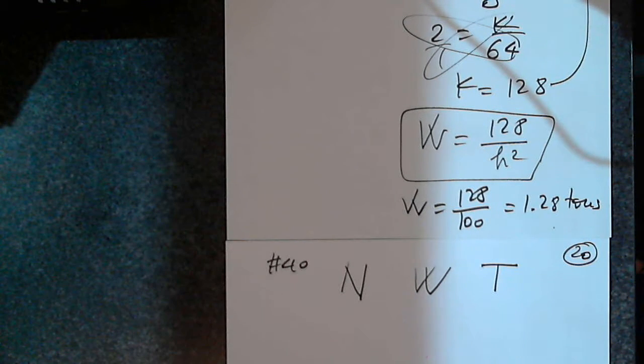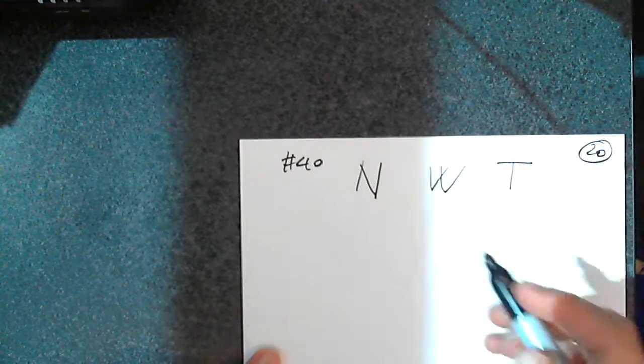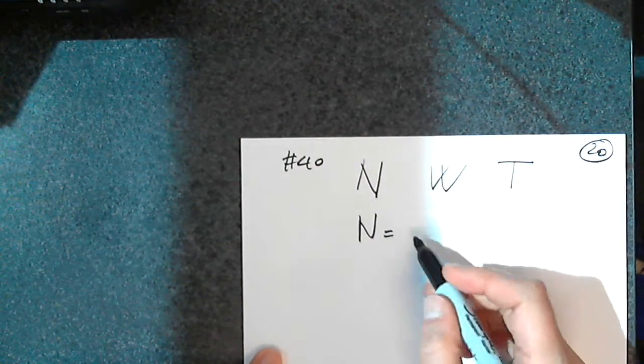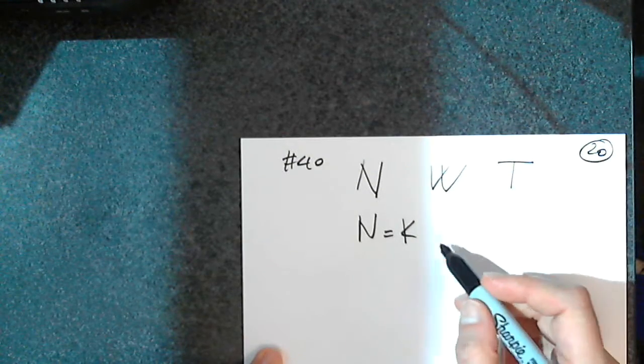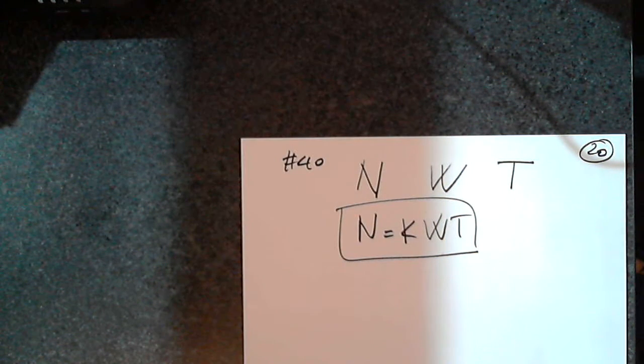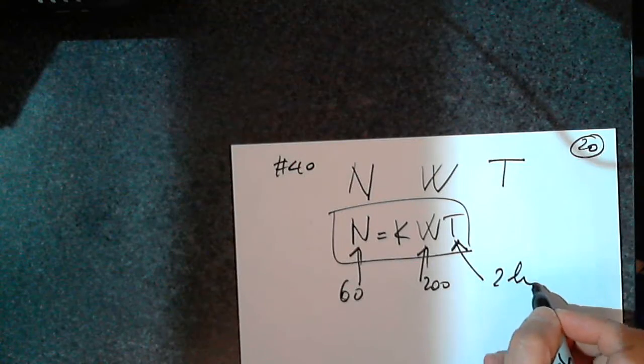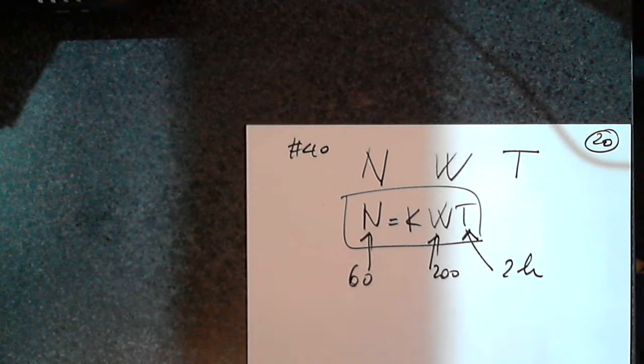So can anyone tell us a relationship that will connect all these three? Very good. And now we are told that if 200 workers can produce 60 cars in 2 hours, then this information is used to find K.